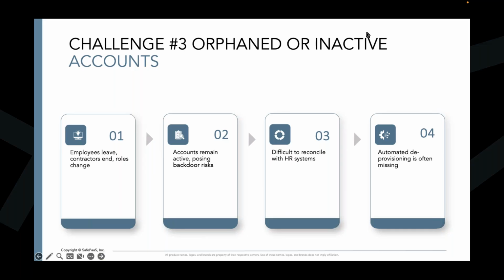And you need a closed loop JML or provisioning control, right? HR event, ticketing system, right? A lot of companies are saying, oh, no, we've got a ticketing system that does this all for us. No, it doesn't. It's incredible naivety to think that your ticketing system does this for you. It does not.